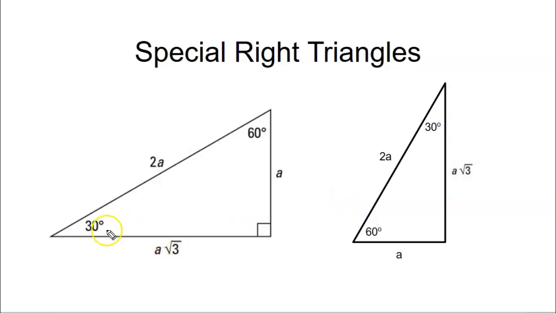And we learned the 30, 60, 90 triangle. We also learned the 45, 45, 90 triangle, but the angles in this circle were 30 degrees. And so if we go back to our picture before, you remember that when we dropped that vertical line down, this angle was 30 degrees, which meant that it was a 30, 60, 90 right triangle.